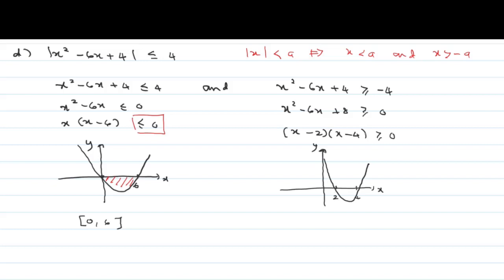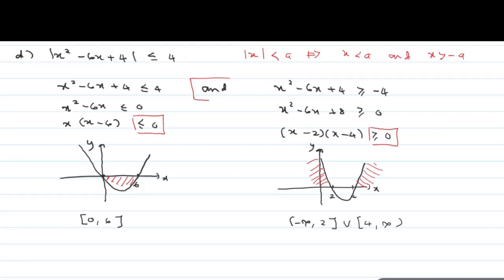So we want here the positive values greater than 0, meaning that it is above the x-axis. So the solution for the second inequality is from negative infinity to 2 union 4 to infinity. So the word here is and.